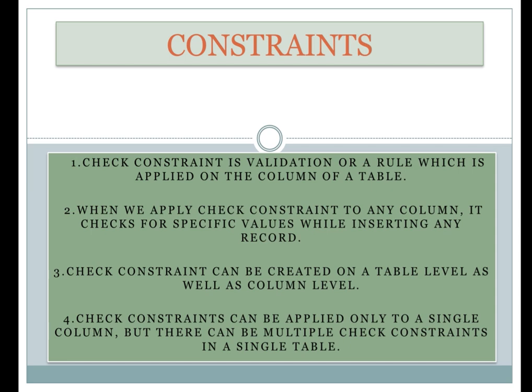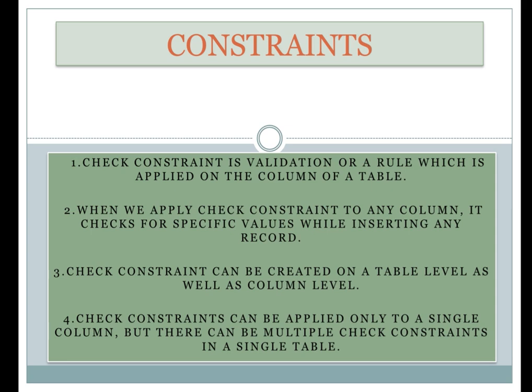When we apply a check constraint on any attribute or column, it checks for a specific value while inserting any record. Whenever a person inserts data into that column, this condition is checked with the help of the check constraint applied on that attribute.